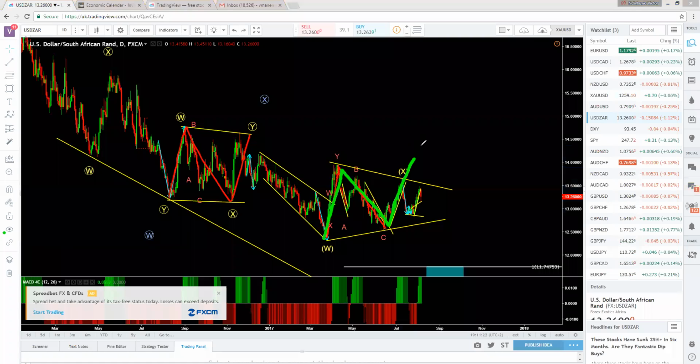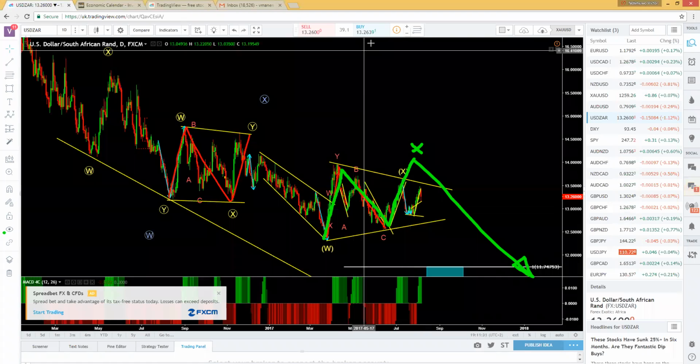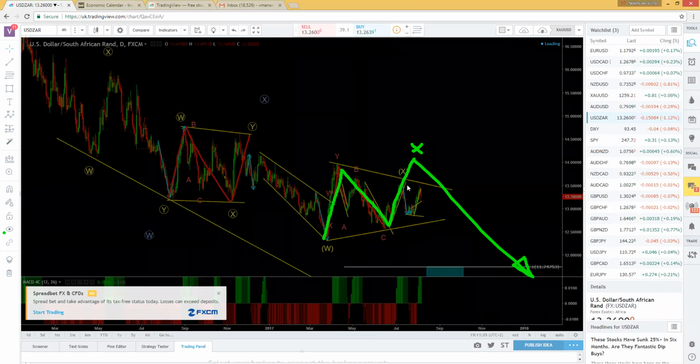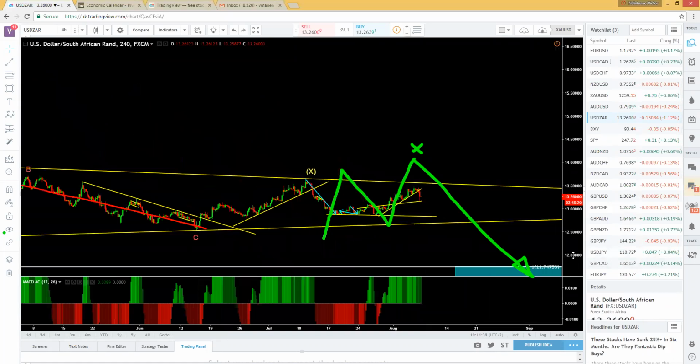And that will be our W and our X. And then we go down there. But currently we are here. Let's go down to the lower time frame, to the 4-hour, and just look at this move here to see what is going on and what pattern can develop there.